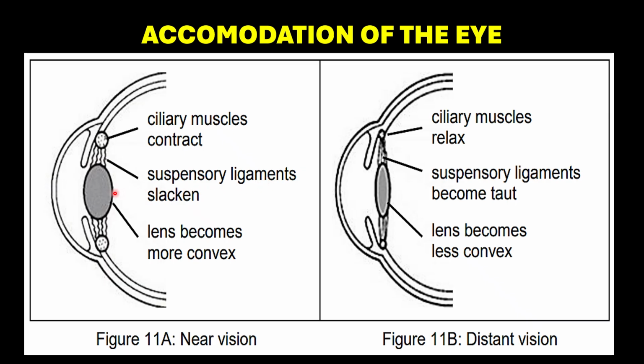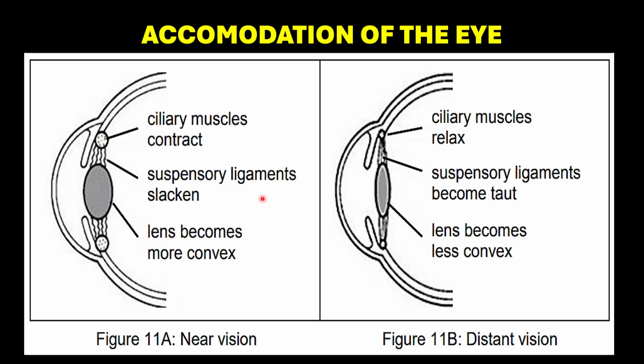And hence, for the lens to become more convex, the suspensory ligament will have to become slackened. So that's the word to use. There's no other word to use. For examination's sake, we have to use the word taut for distance and slacken for near.